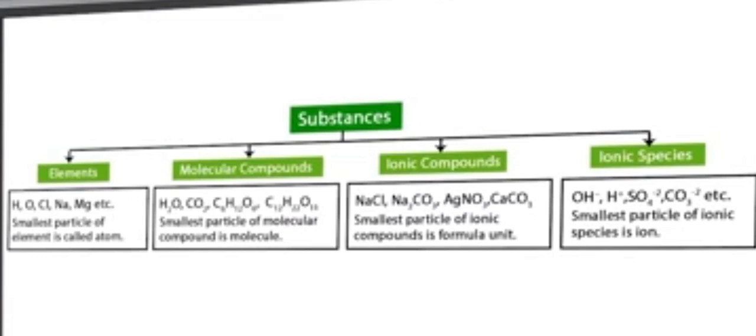The smallest particle of an ionic compound is a formula unit, and the smallest particle of an ionic species is an ion. This needs to be kept in mind. If we don't understand this, we can't proceed further.